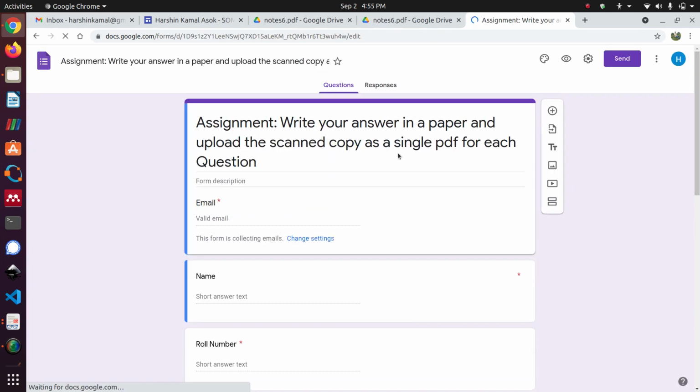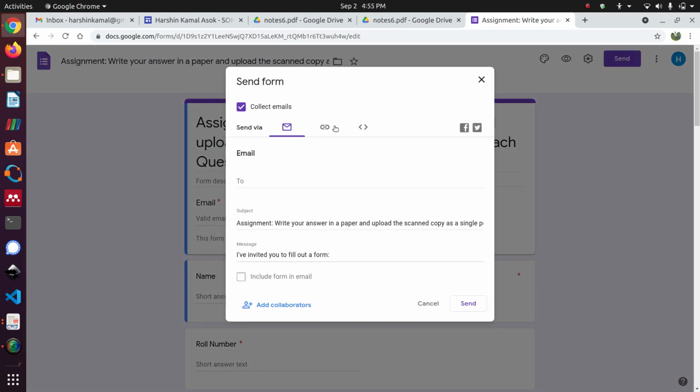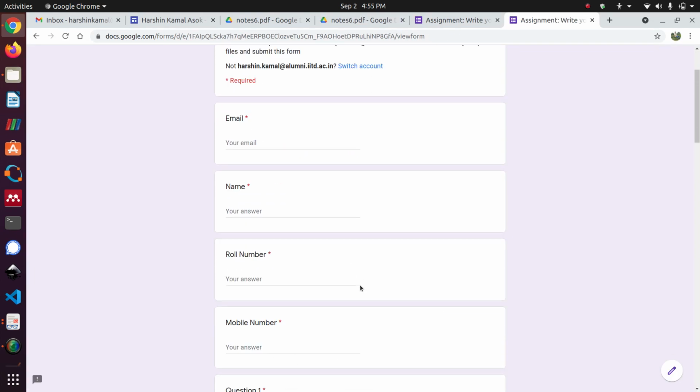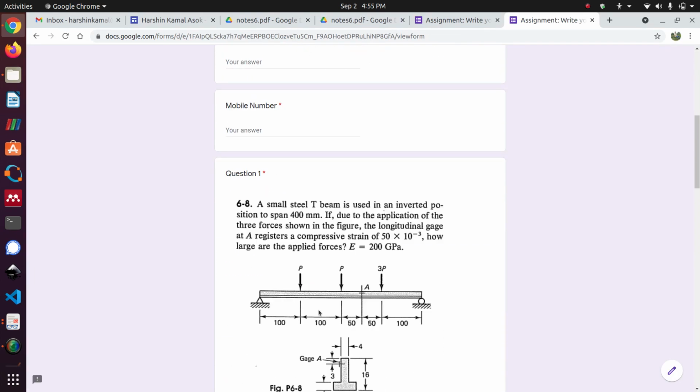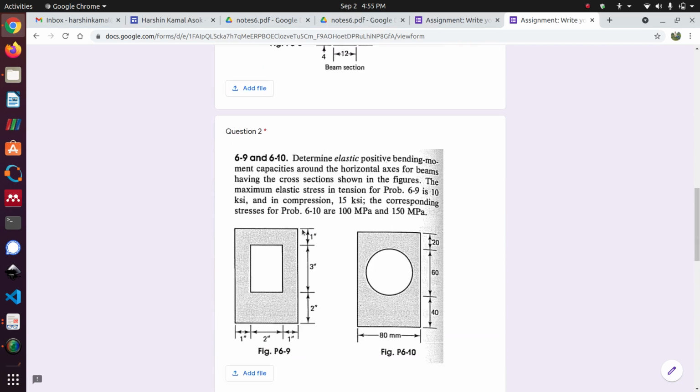Yeah, so this is the question you need to solve. And you need to write your personal details here, and I have 4 problems here. What is the first one?